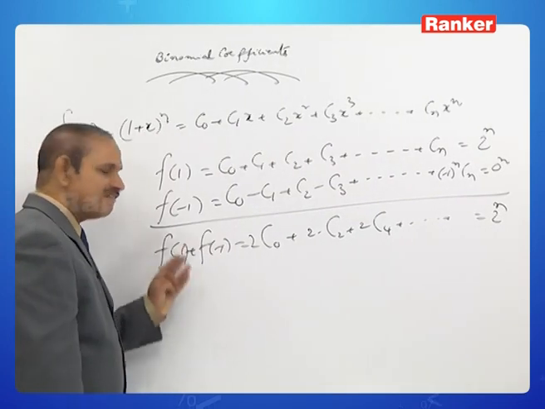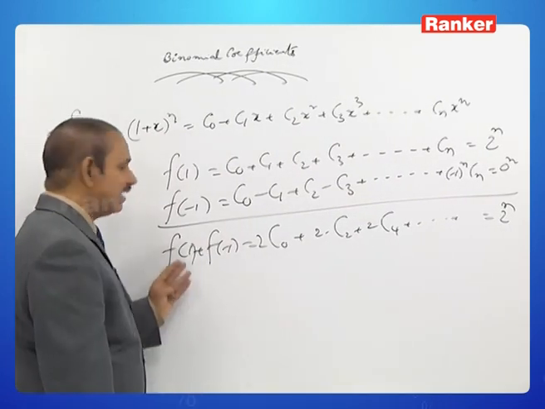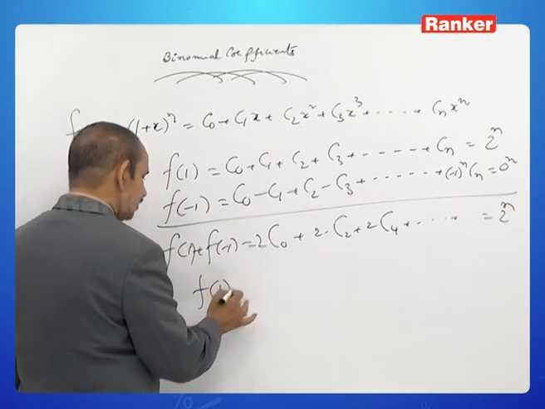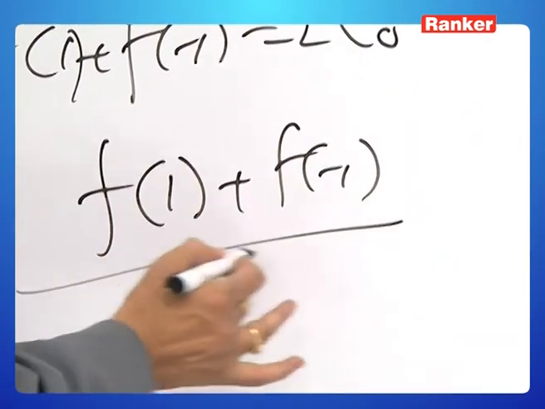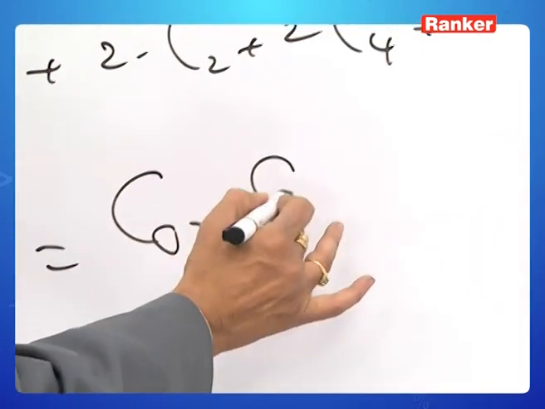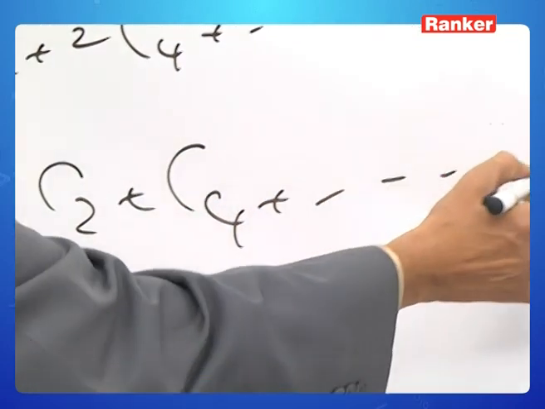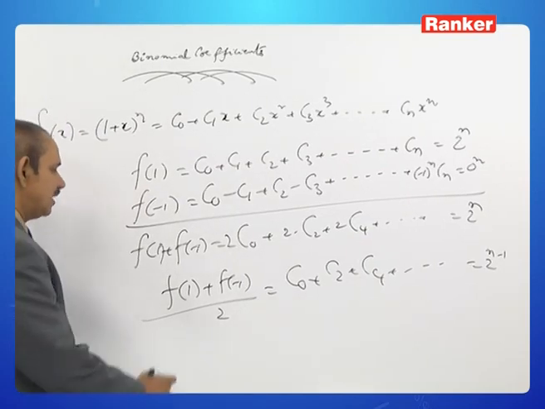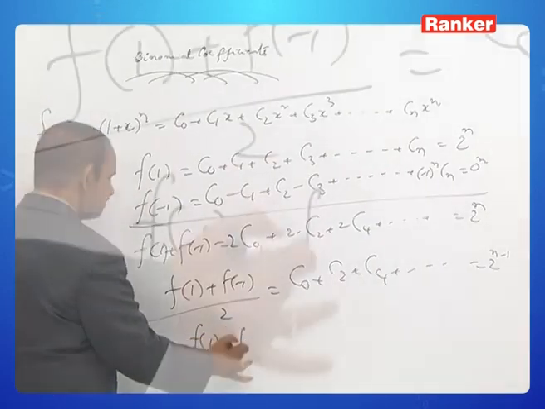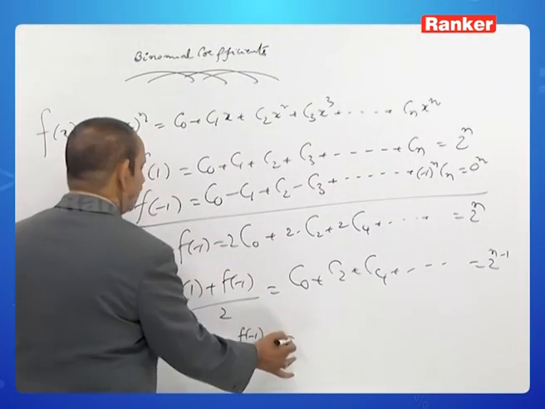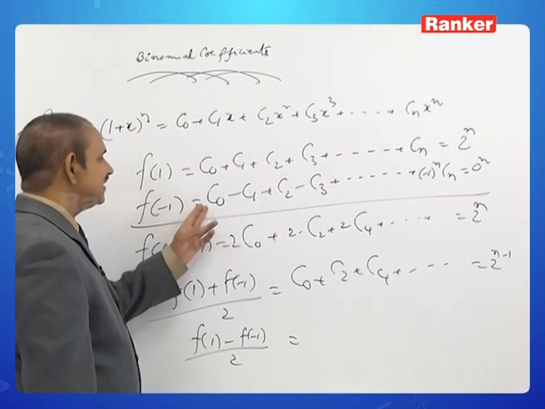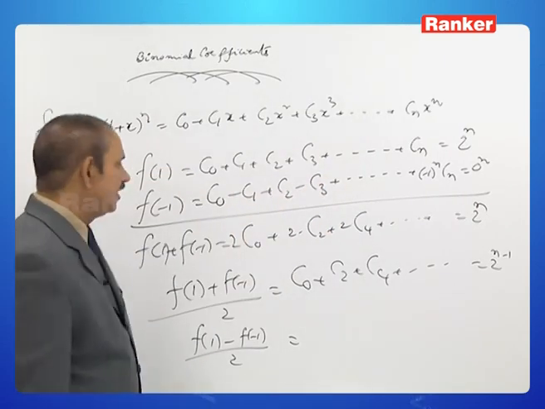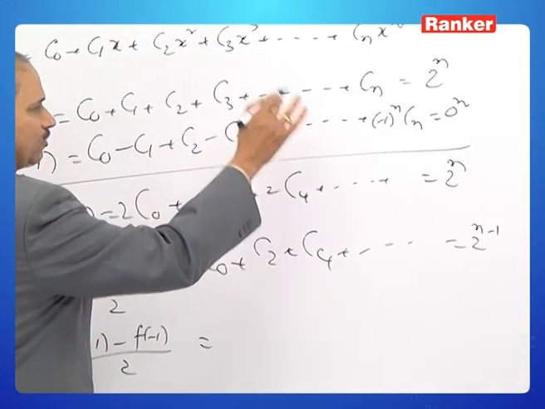If you add f(1) + f(-1), you are able to have 2(C0 + C2 + C4 + etc.). Let me divide throughout by 2. (f(1) + f(-1))/2 is C0 + C2 + C4 + and so on, which is 2^n/2 = 2^(n-1). In a similar fashion, if you subtract, C0, C2, C4, C6, etc. will be cancelled, leaving you 2C1, 2C3, 2C5 and so on.